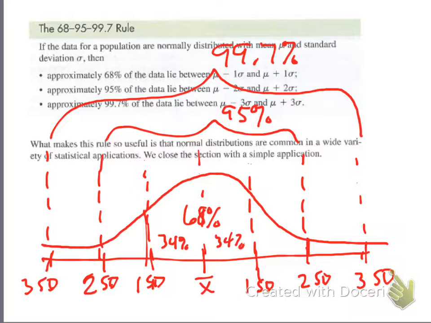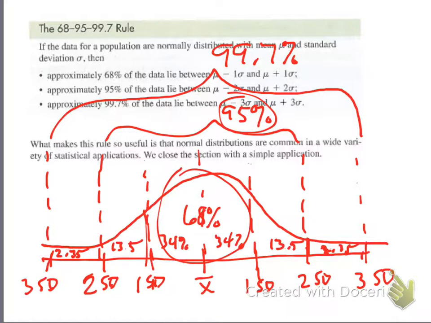We're adding on another 27% to get to the 95, so that's 13.5% and 13.5%. Then another 4.7%, so roughly 2.35% and 2.35%. What a normal distribution means, guys, is the data packs closely around the mean. It packs closely in this area, and then it fades out as you get lower or higher.